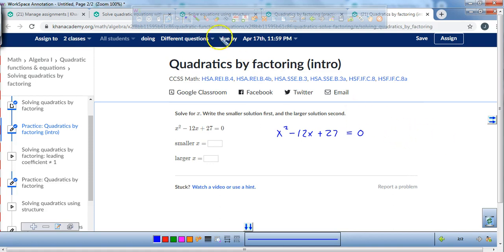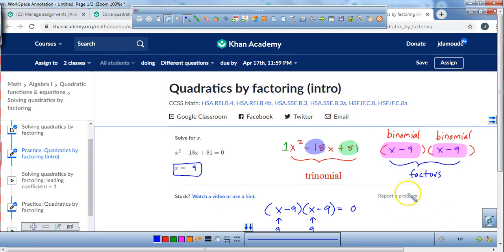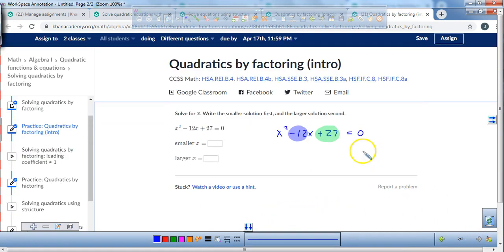We are going to look, once again, for numbers that add up to equal negative 12, but those exact same numbers multiply together to equal a positive 27. When the middle coefficient is negative and the last is positive, you know you're going to be dealing with two negatives, just like we did before. We had a negative and a positive, and our factors were both negative. So when you're having to factor, that's a kind of clue.